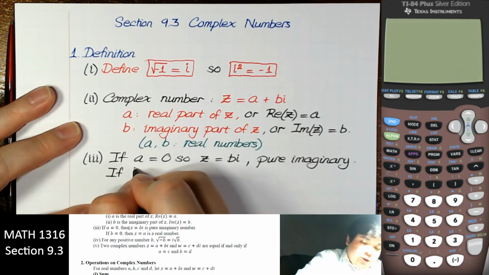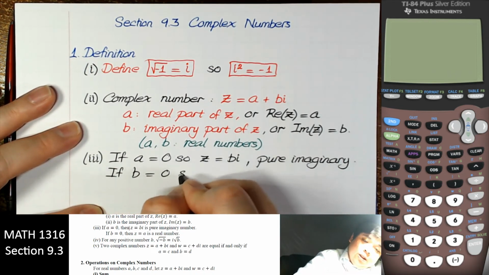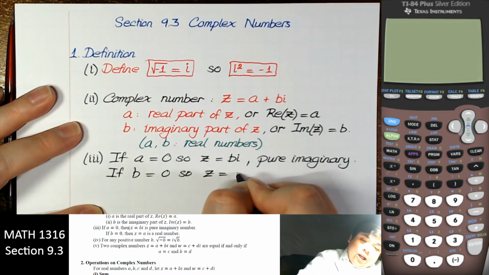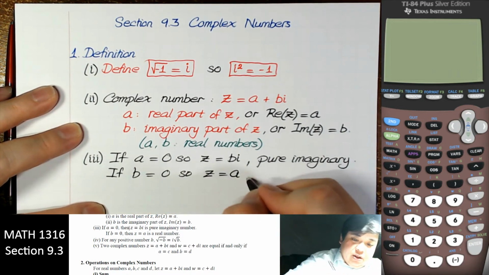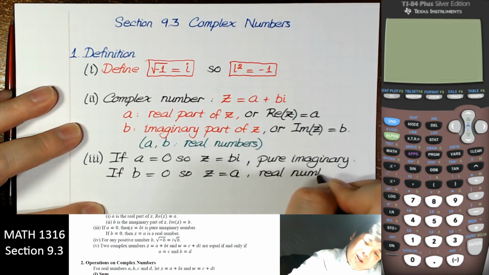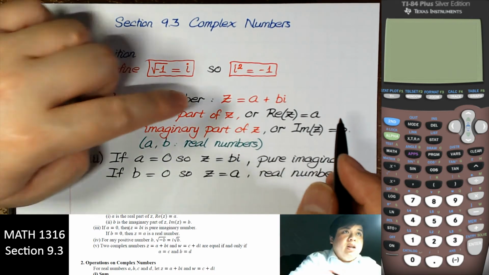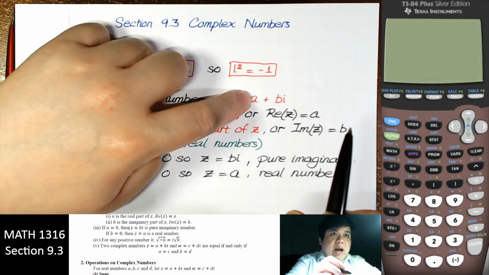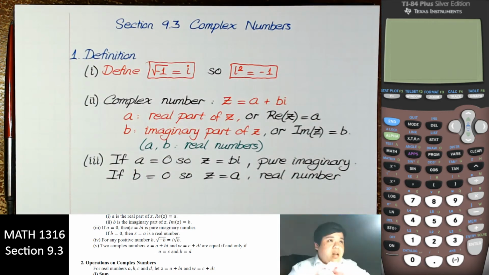If b is equal to 0, z is just equal to a, which is a real number. So a complex number is in the form of a number plus another number times the imaginary unit.